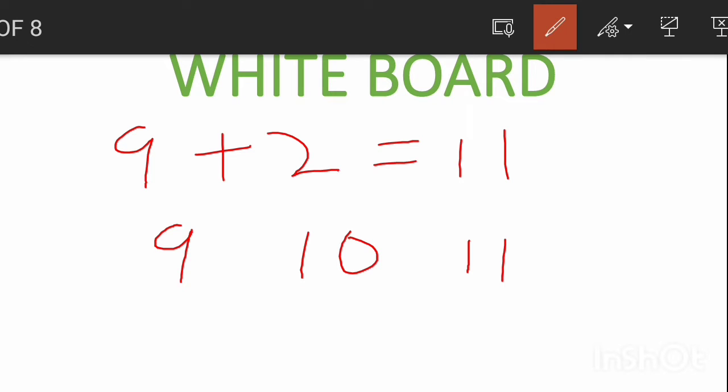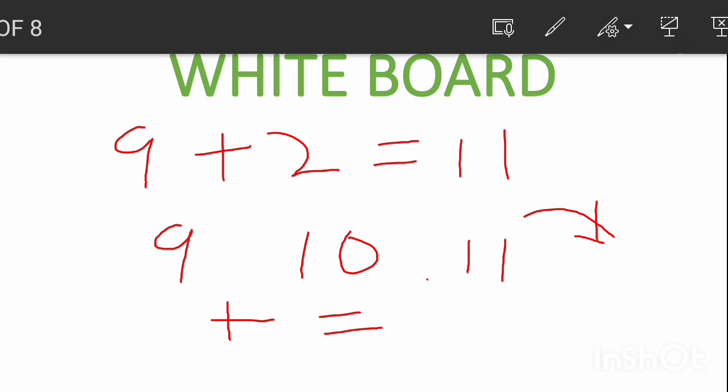If you count from the interval between 9 and 10 2 times, the number you will see there is 11, because you are counting to the right hand side of the clock, since the plus sign indicates the movement of the clock to the right hand side.